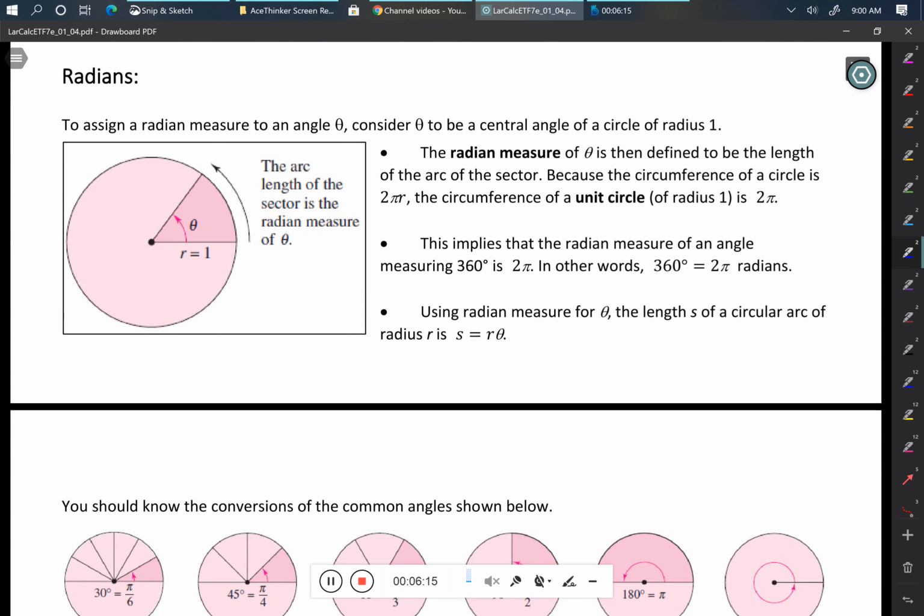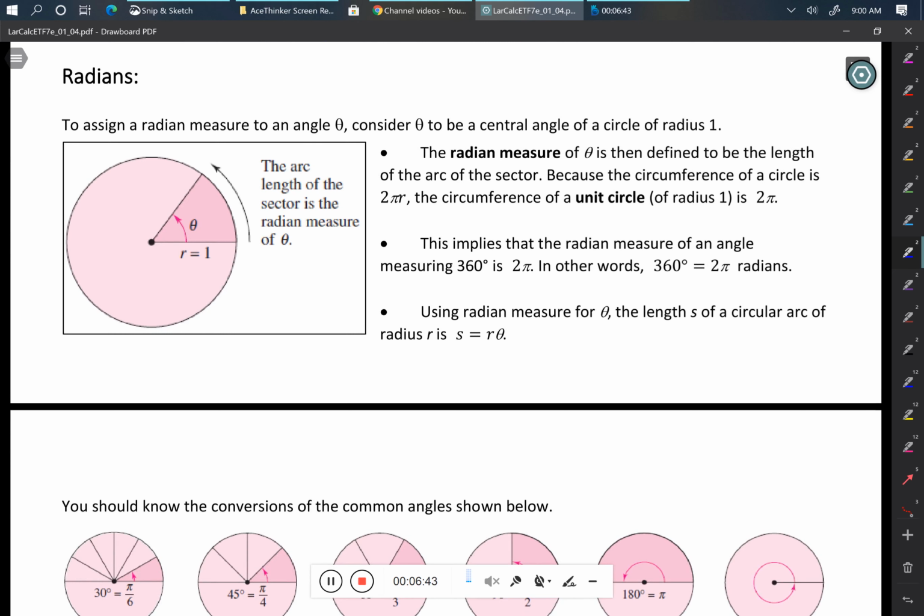Just like if we're measuring length, we could use something that makes sense, like the metric system, where everything is just tens of this and tens of that to get to the next larger unit of measure. Or we could use something silly like the household system, where we have 12 inches in a foot, and 3 feet in a yard, and 1,760 yards in a mile.